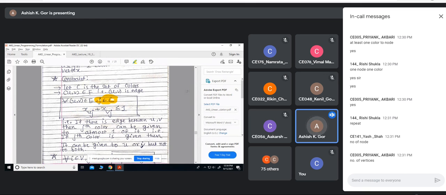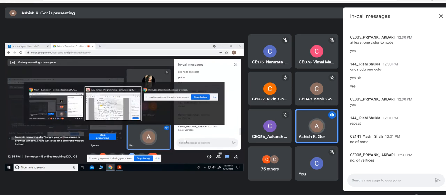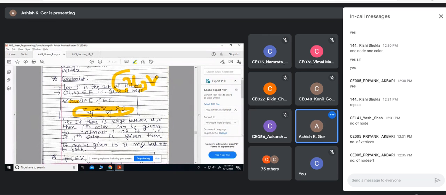You tell me, if you fix an edge U comma V, how many such constraints will be there? I fix U comma V. How many such constraints will be there?